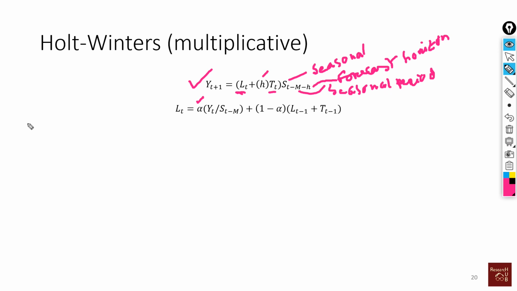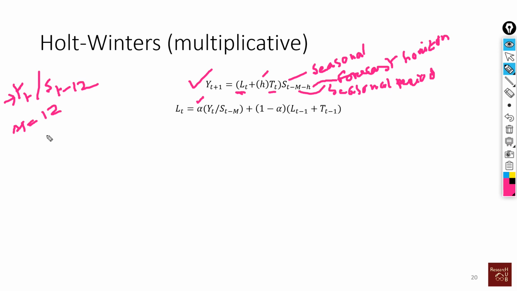So let's say our data is monthly, that would mean that our season could go across 12 months. So y_t will be divided by S_{t-12}. If y_t is January of 2020, then we have to divide this value by the seasonal value of January 2019, so it's one year back.